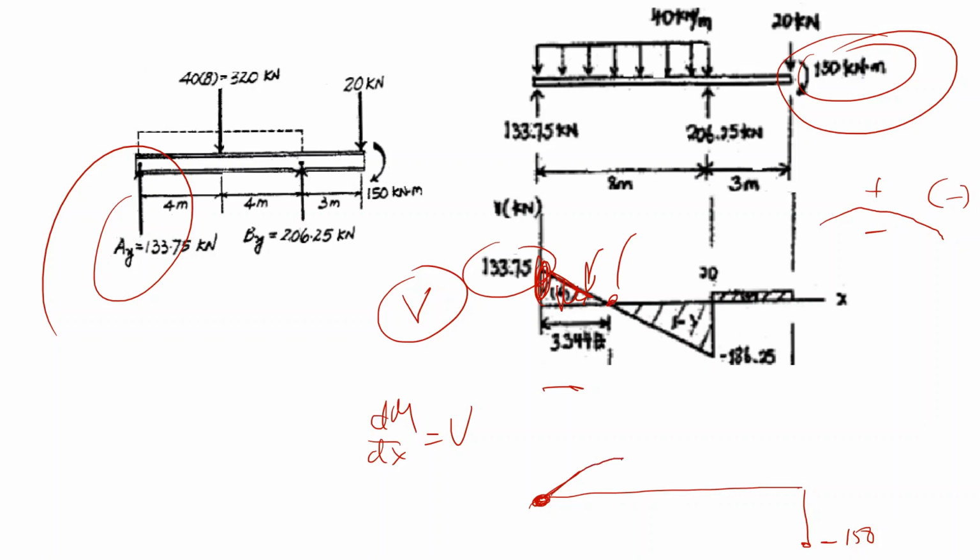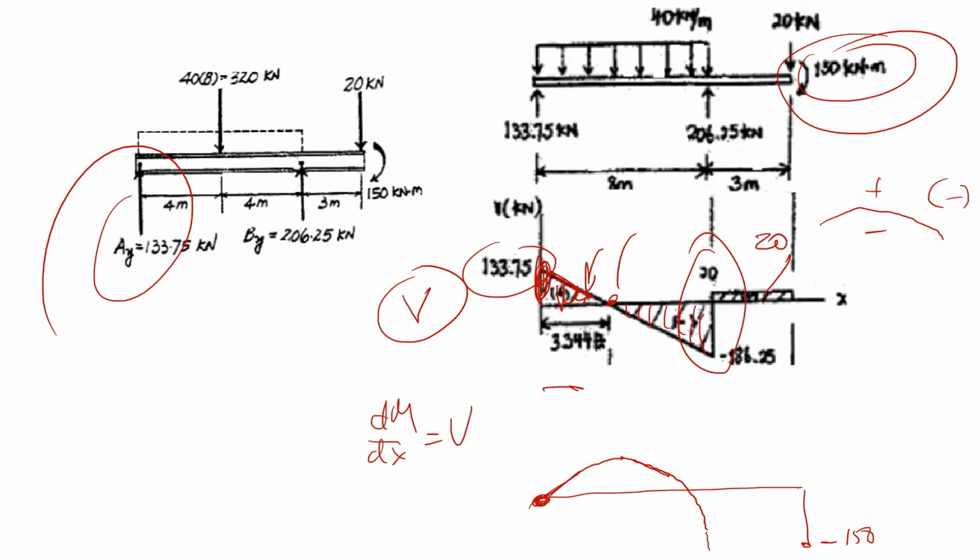And from here down there, as you see, it goes with getting steeper slopes to this point. And when it's down, then after this point, your slope becomes plus 20.